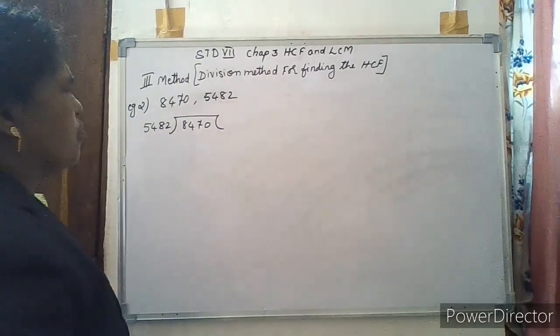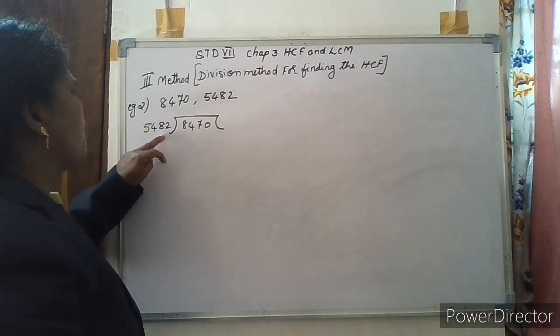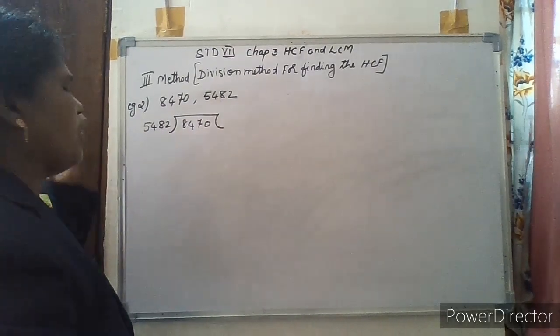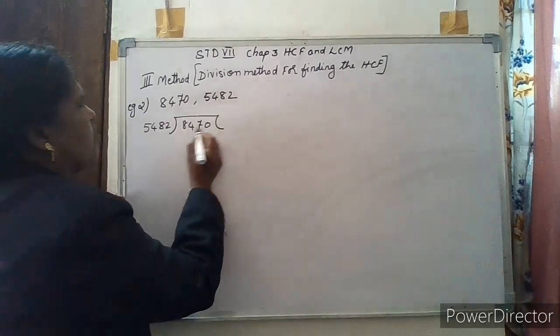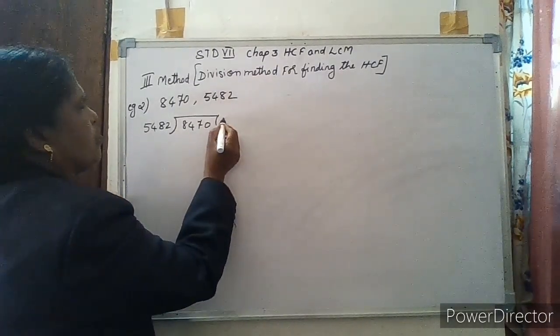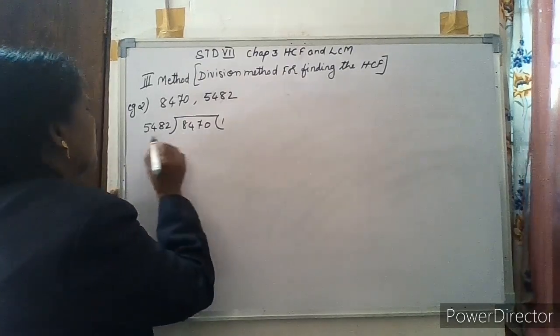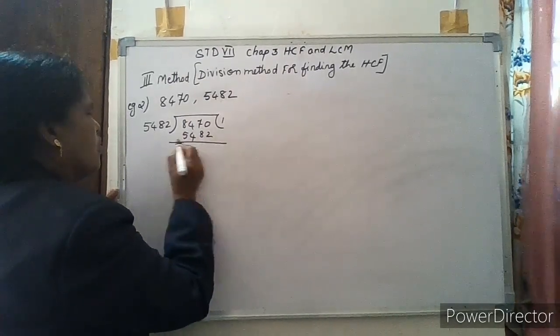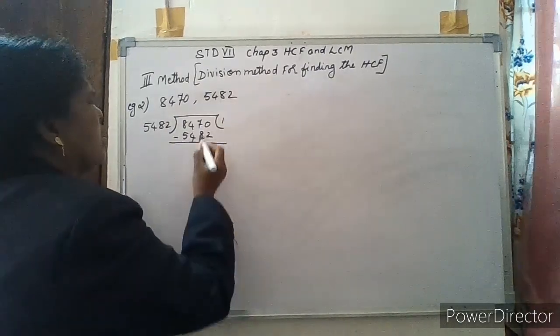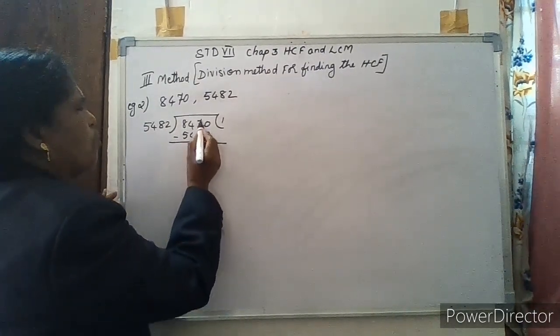5,482 twos will give you more than 10,000. So let us take 8,000 only, so it will go once only. Subtract: 0 minus 2 is not possible. Borrow 1 here.